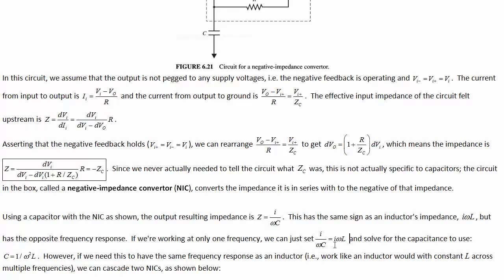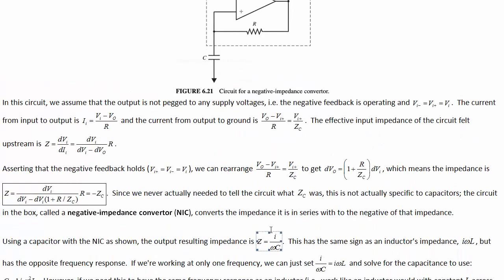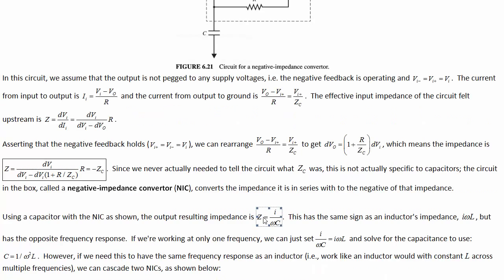But it doesn't have the right frequency dependence. For an inductor, you expect the impedance to go up if you increase the frequency. But for this one, it would go down. So it still behaves like a capacitor in that respect. It just has the correct sign to be like an inductor. So it would give you the right phase shift direction, but not the right phase shift magnitude.